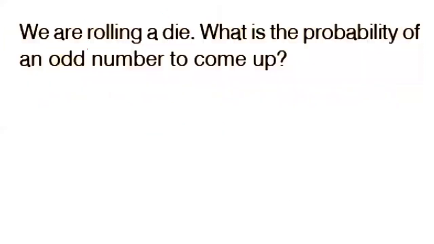And the next one, we are rolling a die. What is the probability of an odd number coming up? Okay, so on a die, we see that 1, 2, 3, 4, 5, 6 numbers are there. And the question was saying odd number. How many of them are odd numbers?